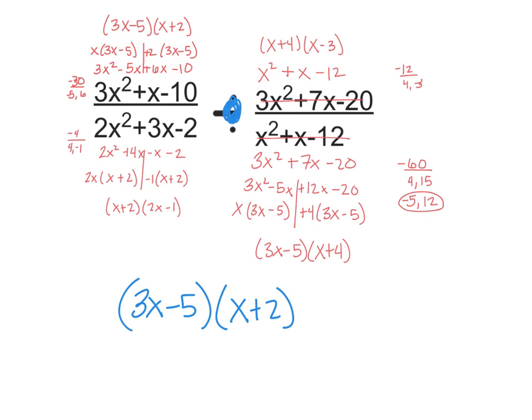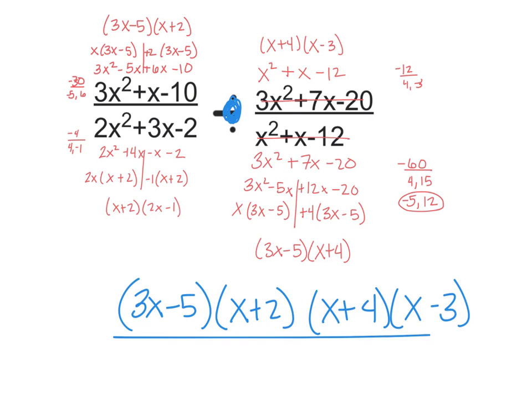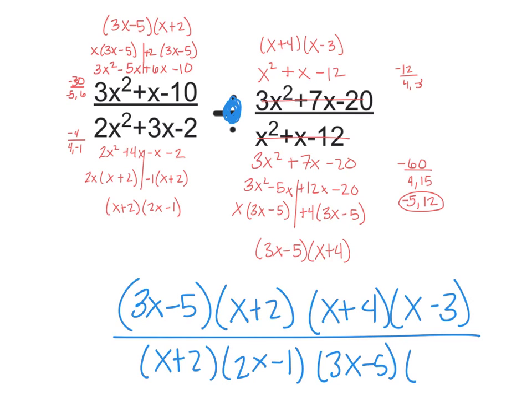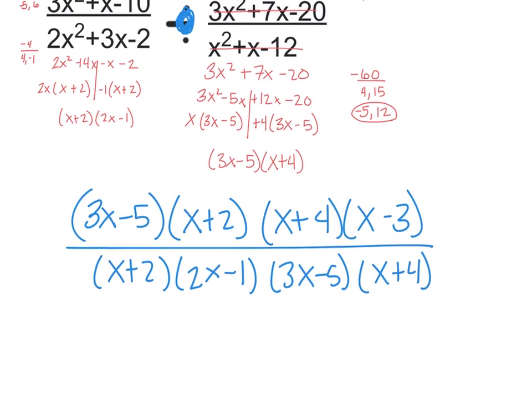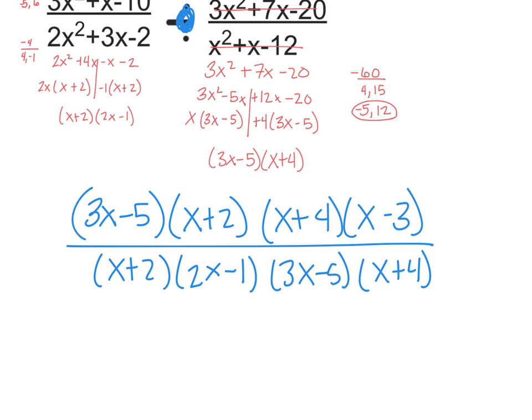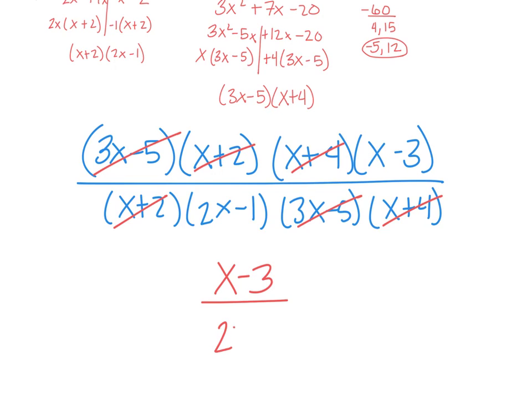And then x plus 4, x minus 3, all over x plus 2, 2x minus 1, 3x minus 5, and x plus 4. Now we get to cross out. So, cross, cross, cross, and we get x minus 3 all over 2x minus 1. So there's my answer.